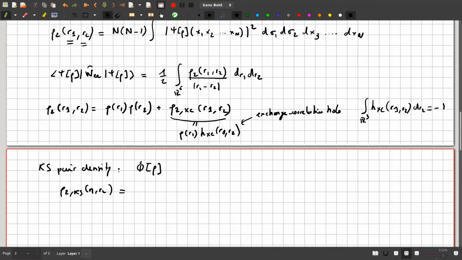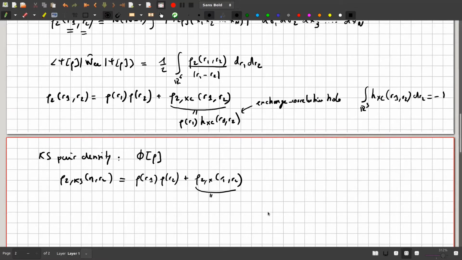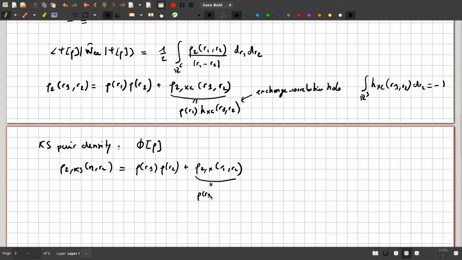And again, I can decompose this Kohn-Sham pair density into a Hartree contribution composed by the product of the densities, and then a purely exchange contribution, because there is no correlation in the Kohn-Sham pair density. So exchange R1, R2. Okay, and again, you can do the same definition. So you can write this as the density at R1 times the exchange hole, R1, R2. Okay, so that's the definition of the exchange hole.